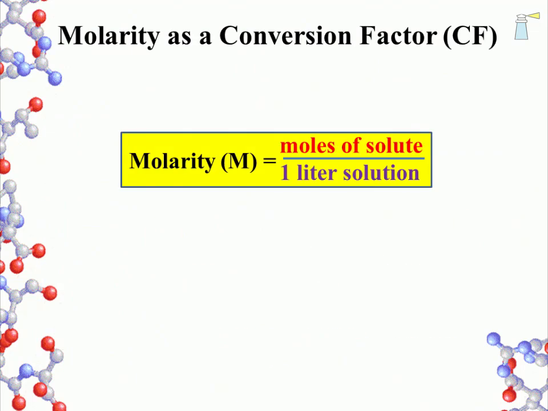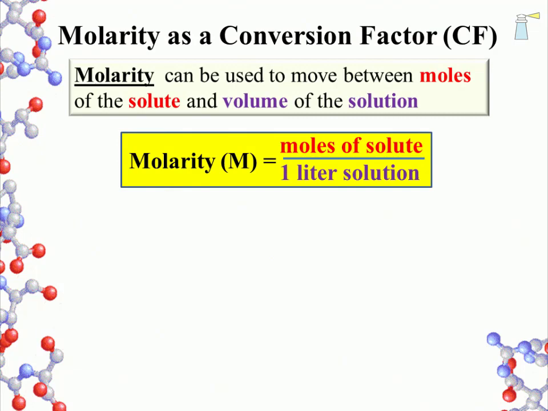Staying with molarity, but moving into conversion factors. Molarity can be used to move between moles of solute and volume of solution. Molarity, as defined, has 3 variables. Given values for 2 of the variables, the third can be solved for.